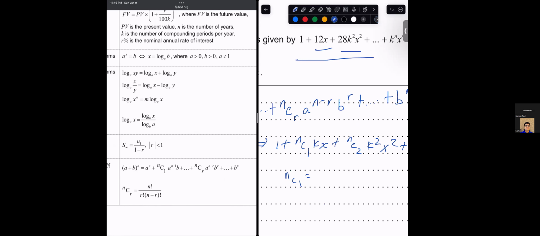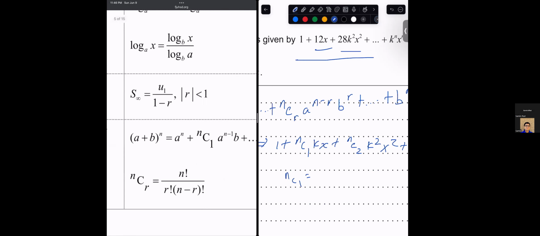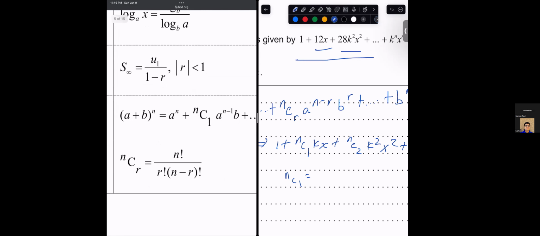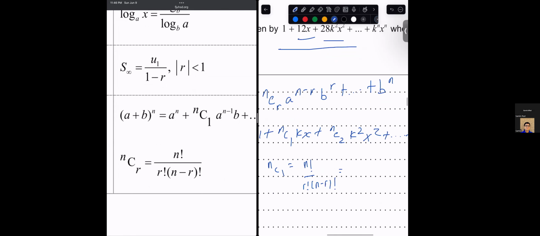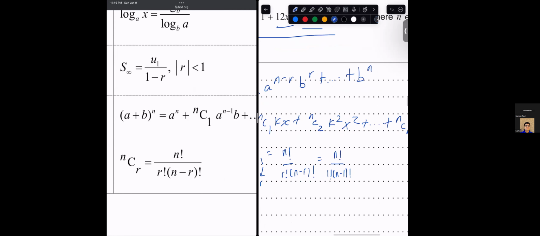For example, if I write this out using the nCr formula given here, I'll copy it so I can show you where everything goes. In our case r is 1, so it becomes n factorial upon 1 factorial times n minus 1 factorial.